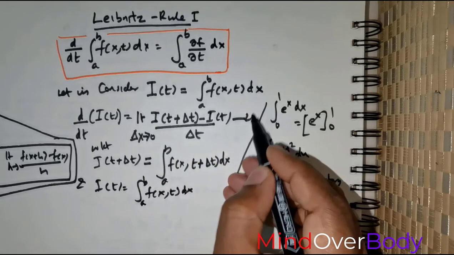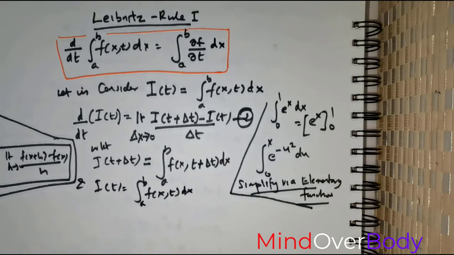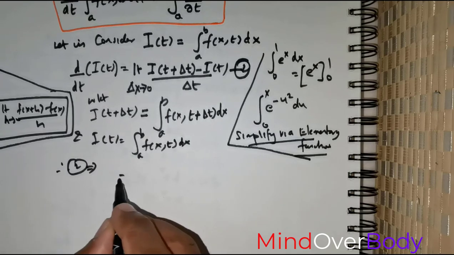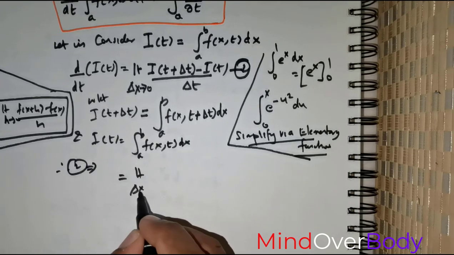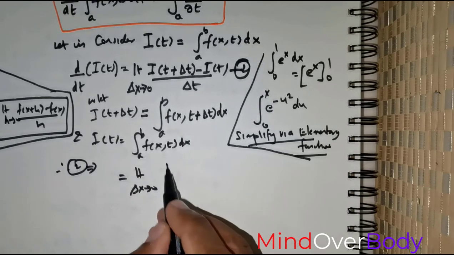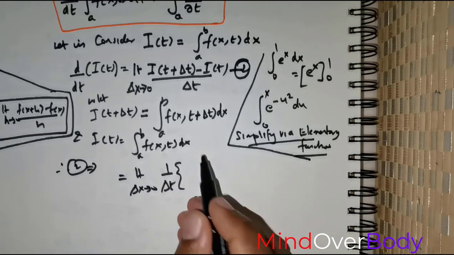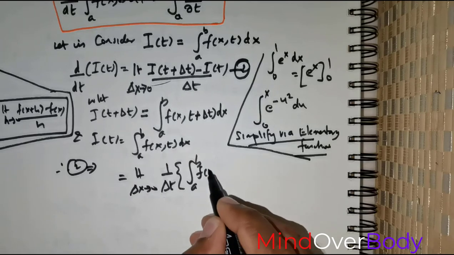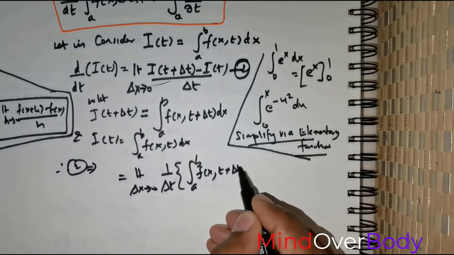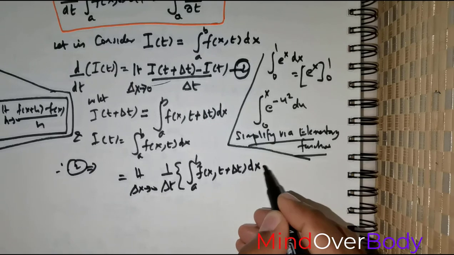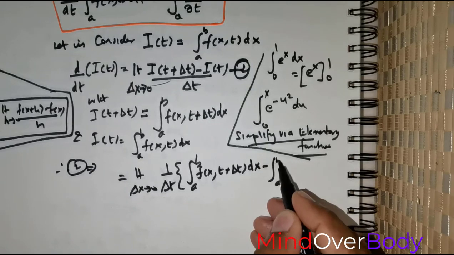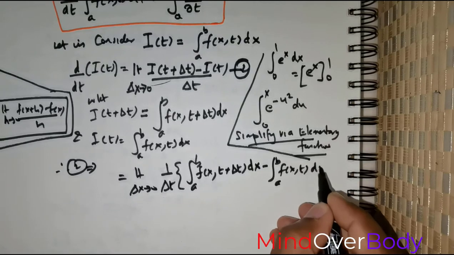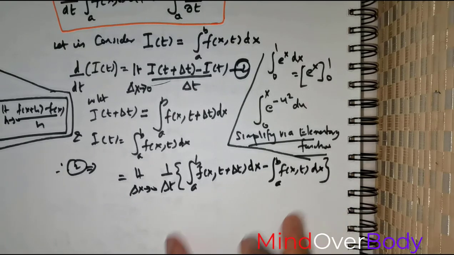If I take this as 2, I can rewrite 2 as the limit as delta t tends to 0 of the integral from a to b of f of x comma t plus delta t times dx, minus the integral from a to b of f of x comma t times dx. This is what we've got.